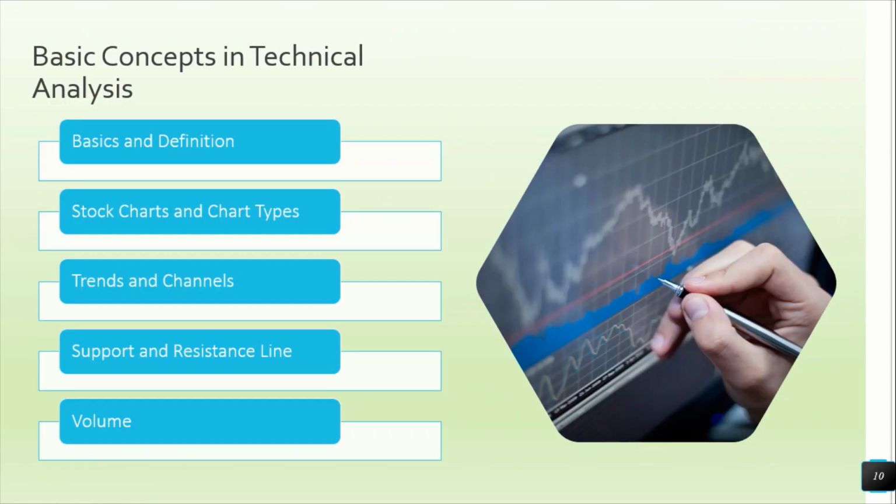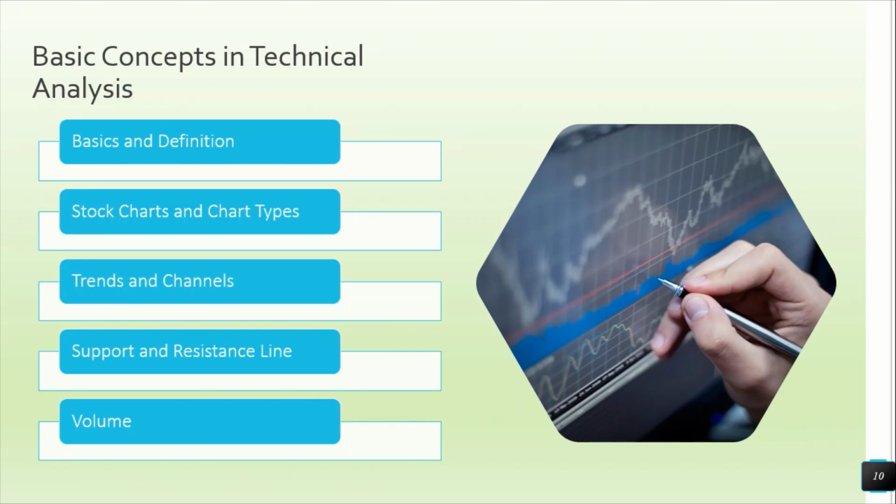So here is an overview of the basic concepts that we will be discussing in technical analysis. The first part would be the definition of terms, the common jargons usually used by stock traders and analysts.